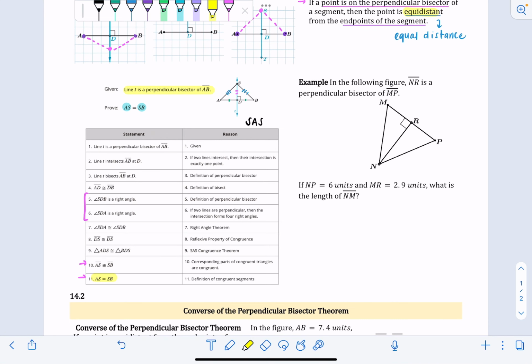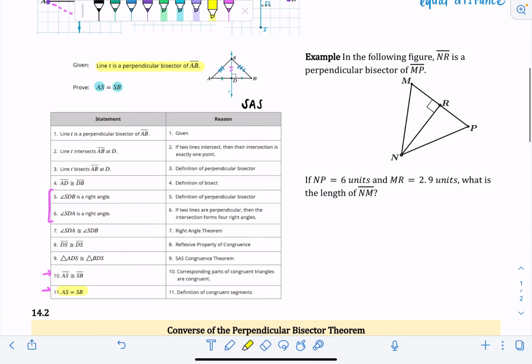Okay, so next example, this is the last one for 14.1. And again, if you don't write the whole proof down, that's okay. I would maybe screenshot it, save it for later, tuck it in somewhere, add it to your favorites, do whatever you need to do. Okay, so the example: in the following figure, segment NR is a perpendicular bisector of MP.